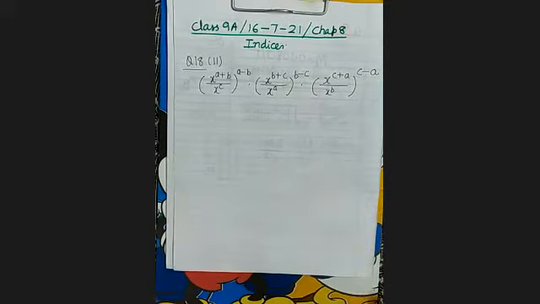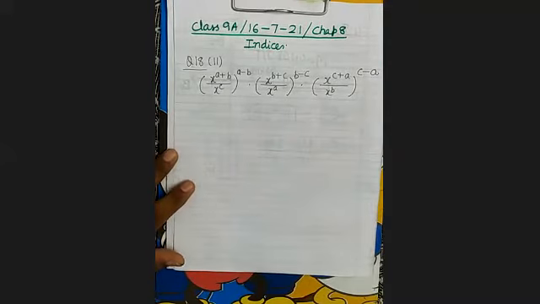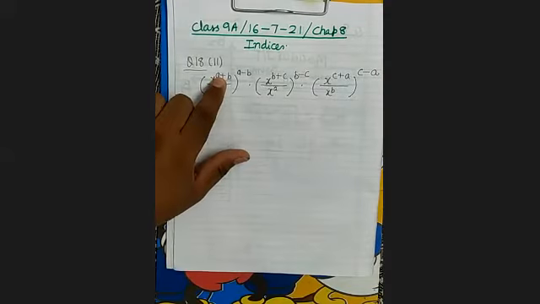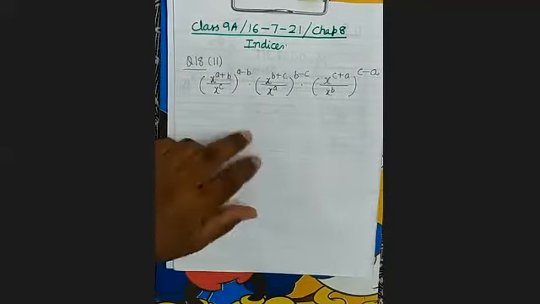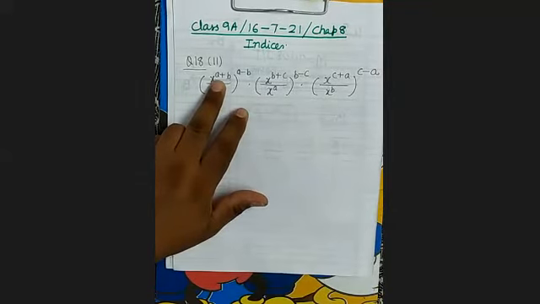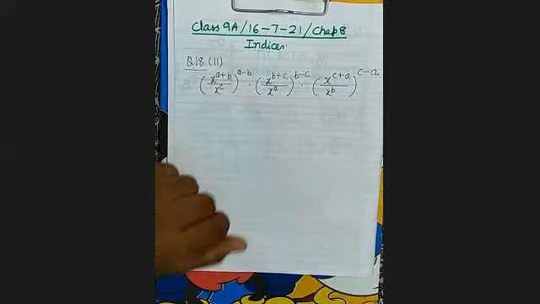You have to simplify this. So if you see it carefully, here you find a plus b and here outside a minus b. Here the power rule will apply because there are successive powers.